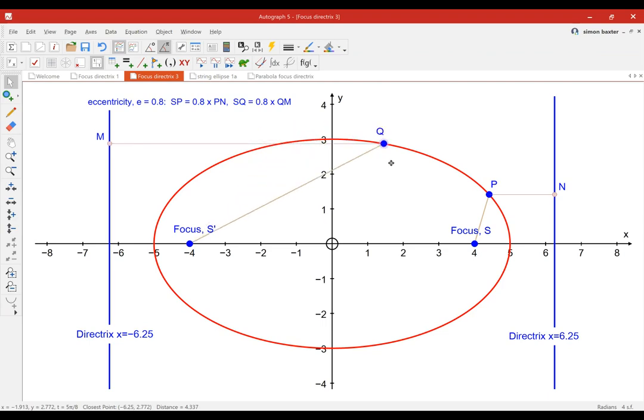And so if I can draw my ellipse using P with 4 and 6.25, I could also draw my ellipse using Q and minus 4 and minus 6.25.